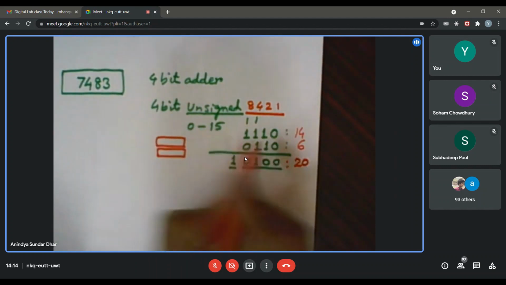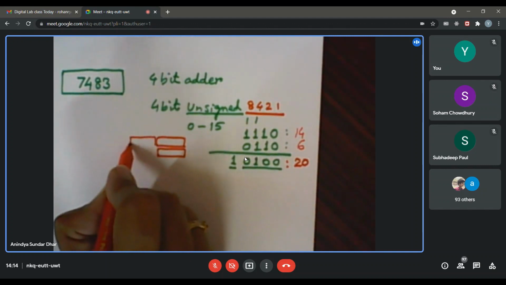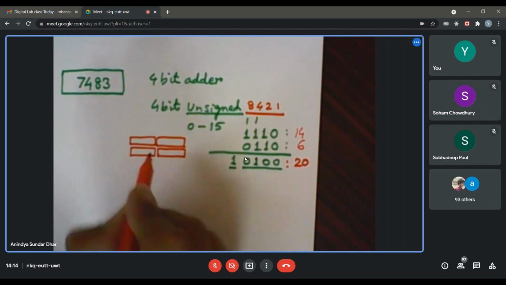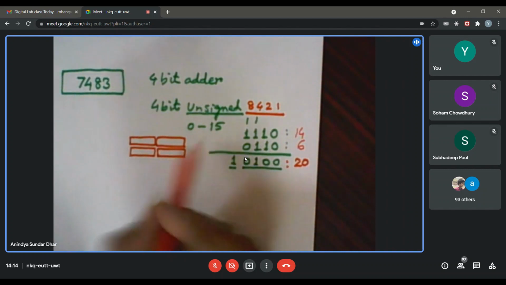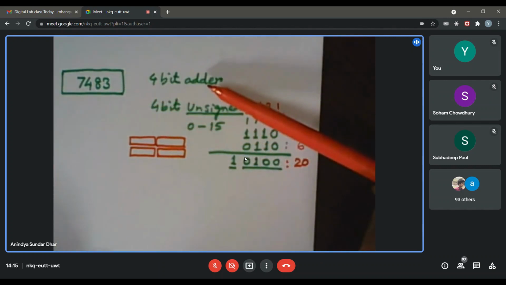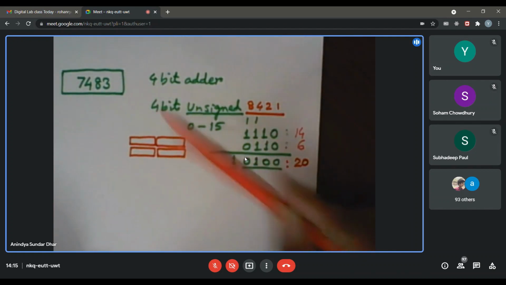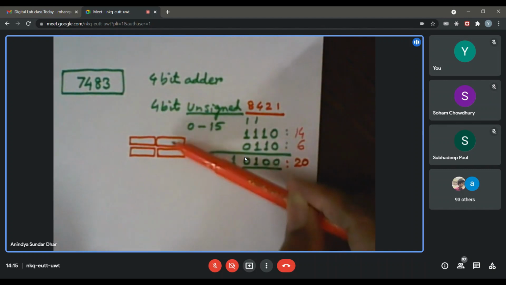If I need to add 8-bit numbers, then probably I would have written another chunk of 4-bit numbers over here. And I am putting it in this way because right now I am thinking in terms of its hardware realization using this so-called 4-bit adder, which is capable of adding two 4-bit numbers. So maybe I can engage this one 7483 to add these 4-bit numbers.